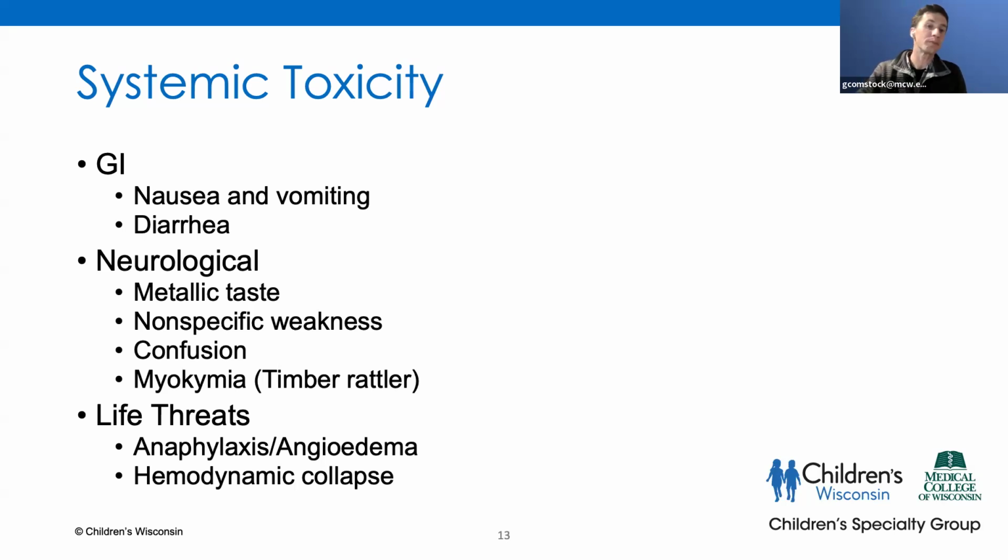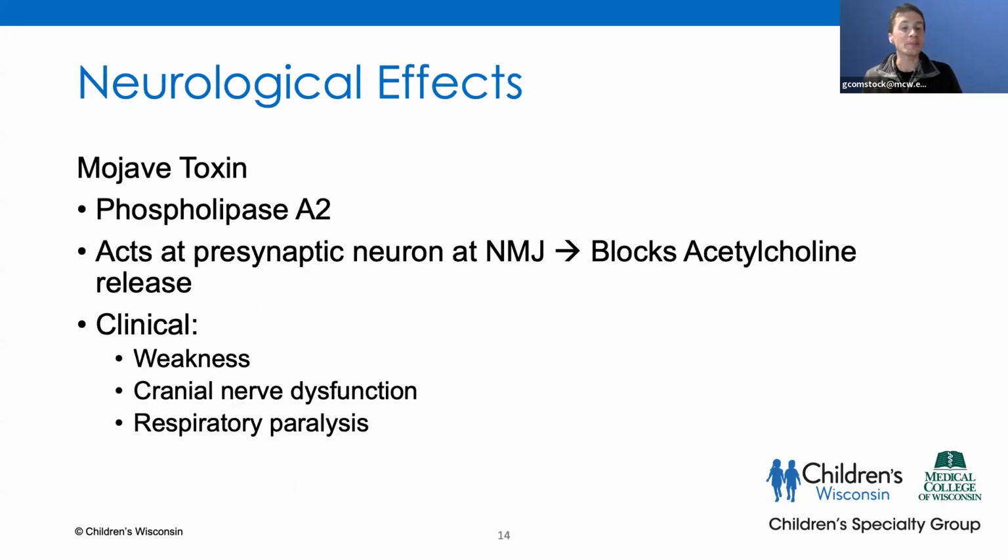Another one that gets a special shout out is these neurological effects. And granted, neurological effects are included amongst those systemic effects that I just mentioned. However, there is one specific toxin that's present in the Mojave rattlesnake or Crotalus scutellatus. That is the Mojave toxin. It is primarily a phospholipase A2. It acts at the presynaptic neuron at the neuromuscular junction and thereby blocks acetylcholine release.